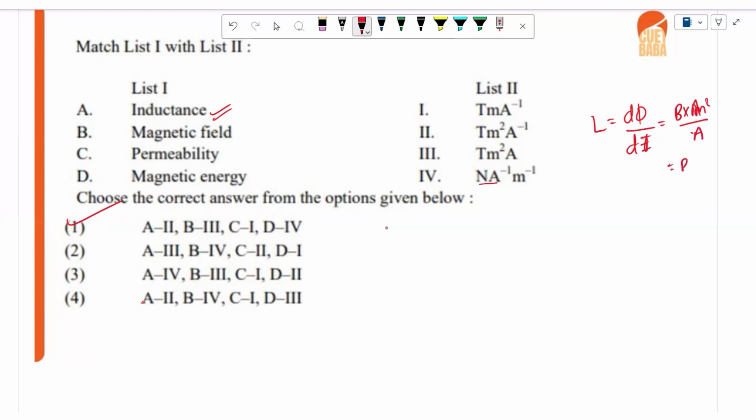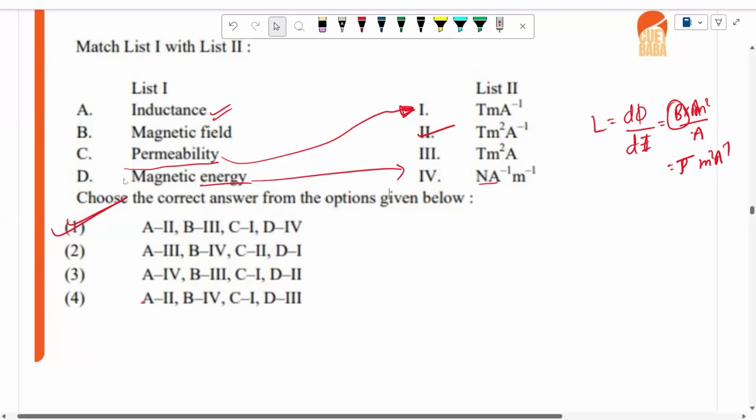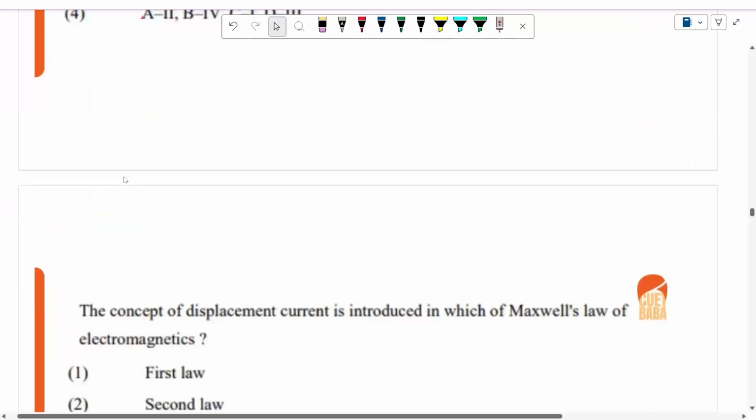So the final answer: the unit for magnetic field will be Tesla meter square ampere inverse. Tesla meter square ampere inverse. That is correct, right? And magnetic permeability, if you calculate it, you will get this one, right? So option first is the correct. Magnetic energy will be the fourth one. So first option is the correct answer.